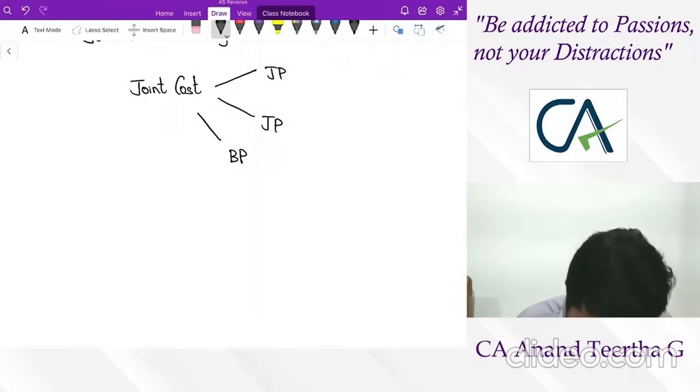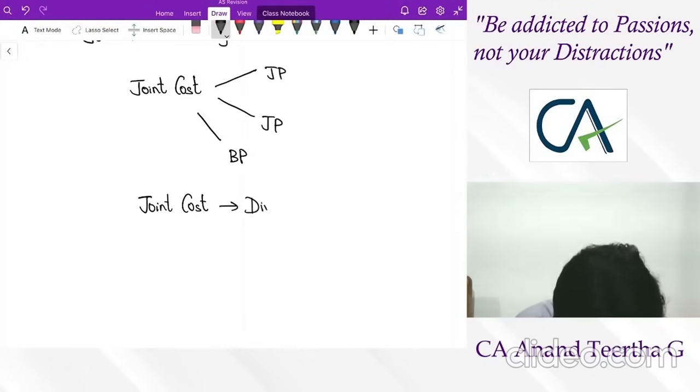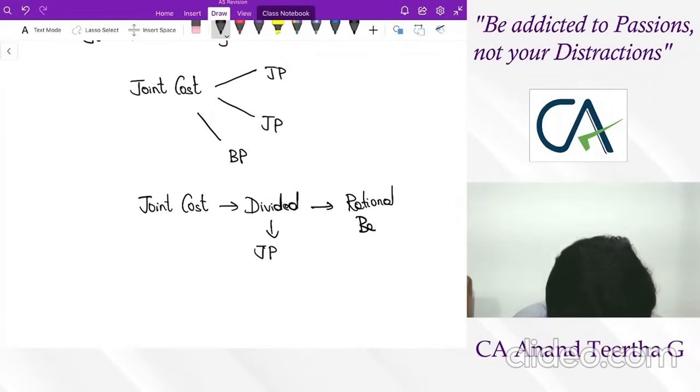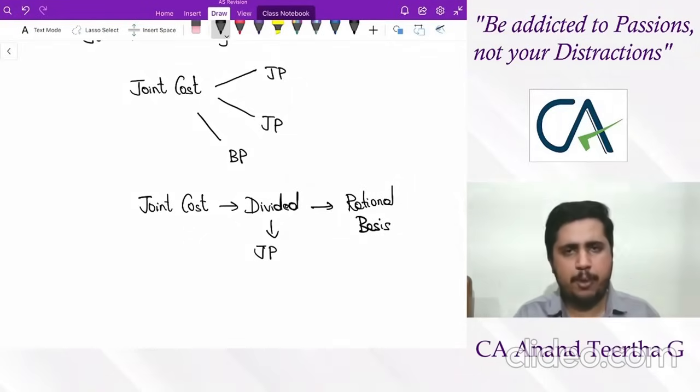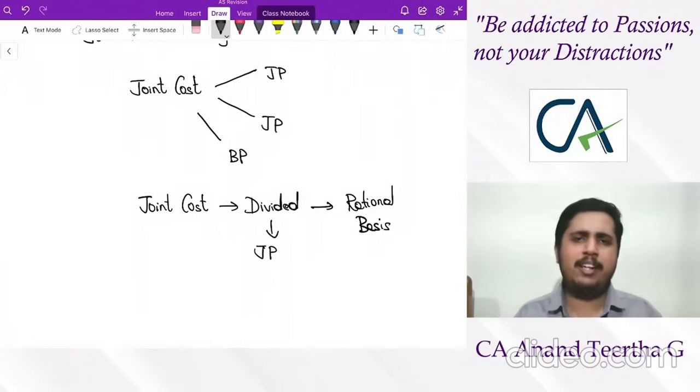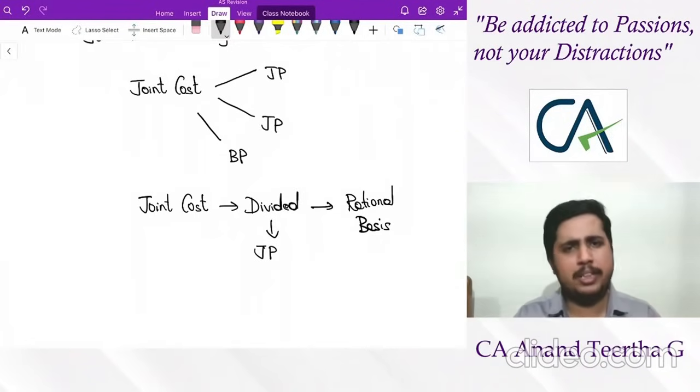Now, how is it supposed to be done? What they say is, whenever there is joint cost, it has to be divided among joint products on a rational basis. Very simple. If you have a single cost divided into different products, then divide them according to a rational basis, a ratio.